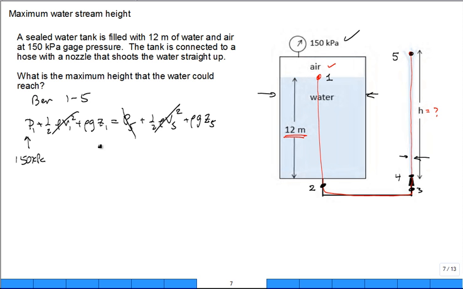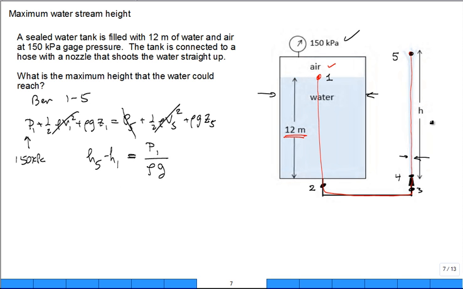And so what we find is that Z5 minus Z1 is equal to P1 divided by rho g. What is this? Is this height? Yeah, that's right. What is this height? H5 minus H1 is equal to this.